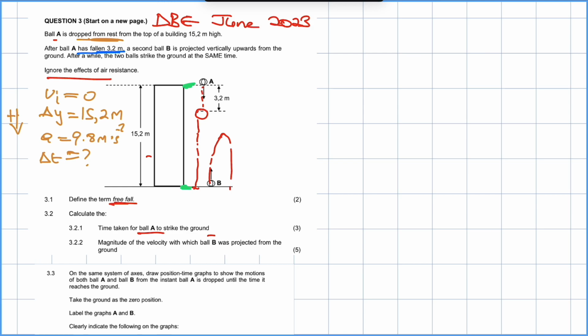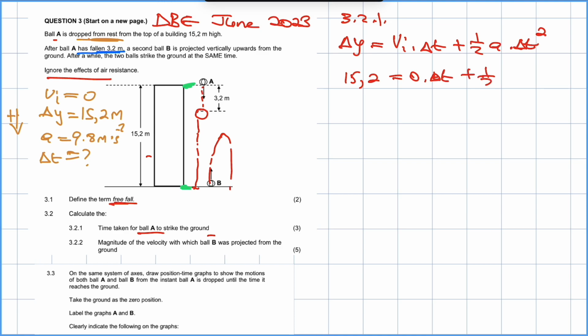So for question 3.2.1, we go to the formula y equals VI times the time interval plus half times acceleration times the time interval squared. So that is 15.2 equals 0 times time, plus half times 9.8 times the time interval squared.